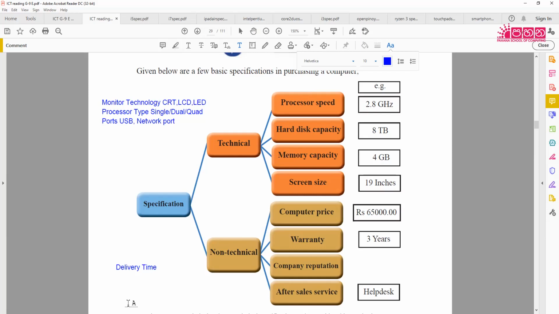Let's say nowadays, if you're going to purchase a computer, one says, sir, we can deliver in 1 month's time, and then another says, okay, we can deliver in 1 week. Which one are you going to prefer?